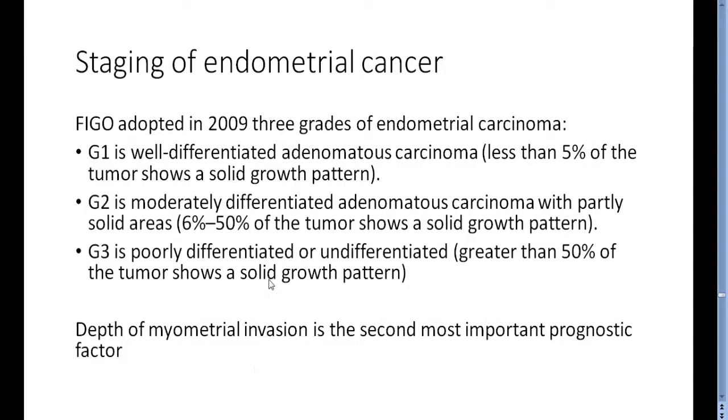Staging, again, usually we need to keep in mind that FIGO recommends staging by 3 grades. G1, usually well-differentiated adenomatous carcinoma, less than 5% of tumor shows a solid growth pattern.